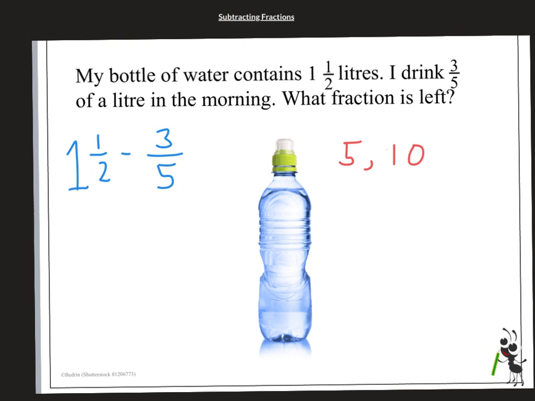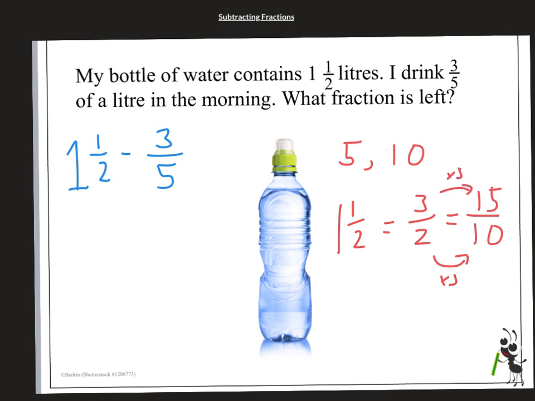So 1.5 is 1 whole, which is 2 halves, plus the extra 1 half, which means it's 3 halves. Now 3 halves into tenths. So 2 times 5 is 10, so I do the same to the top. 3 times 5 is 15, so 1.5 is the same as 15 tenths.